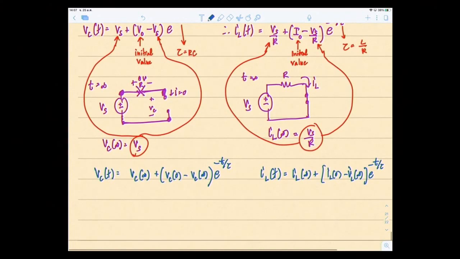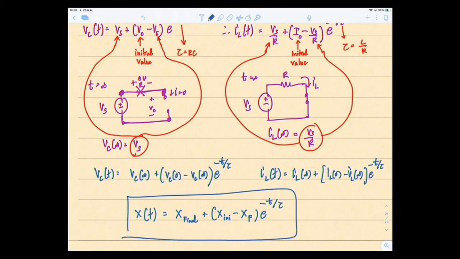So in other words, whatever you were asked, it would be x at the final value plus x at initial minus x at final value, e to the minus t over tau.